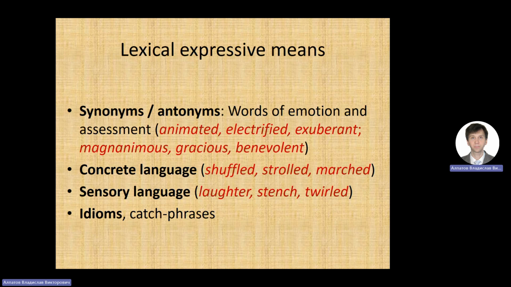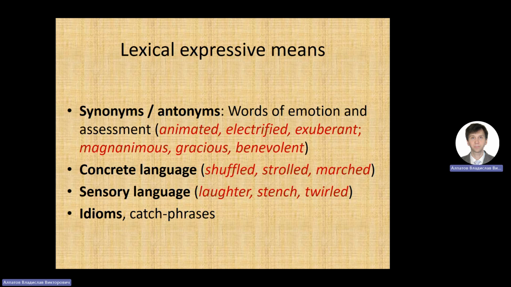Эмотивная и оценочная лексика, right? So the vocabulary of emotion and of assessment. That means that this vocabulary holds these connotations inside the meaning of these words without the necessity to invent anything, right? So the emotive or the evaluative connotation is already there in the semantics of these words.